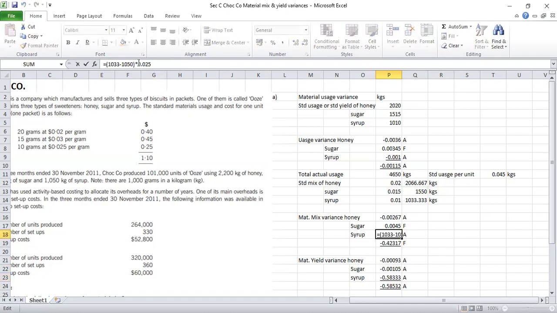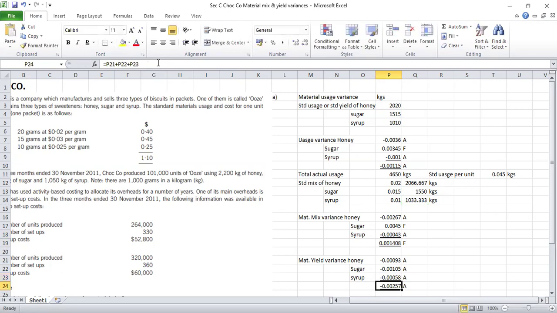This one remains 0.025 divided by 1000, and the last one same, 0.025 divided by 1000.